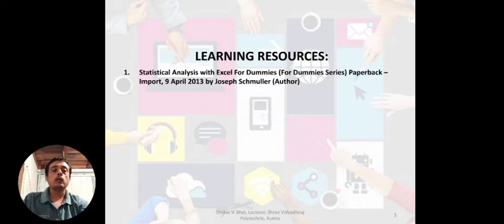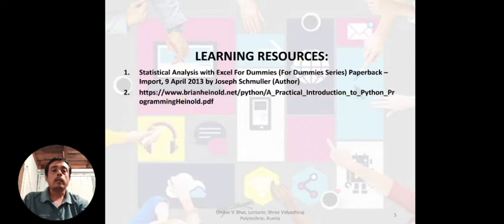This book you can refer. Then second reference, a website address is given. This is for Python programming. This is A Practical Introduction to Python Programming, a PDF. You can download this from the website.